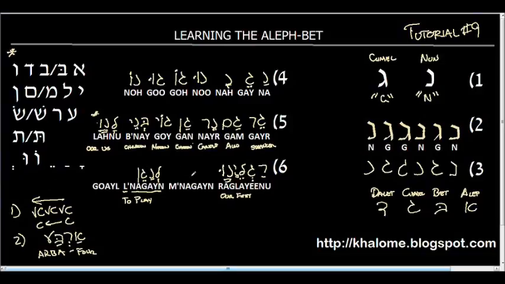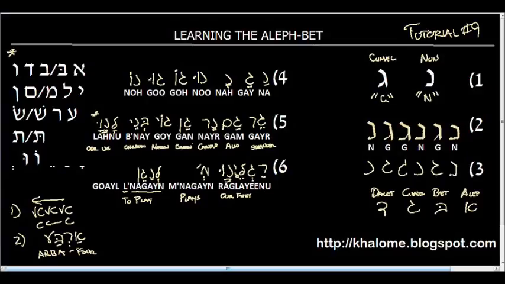Here we skip back to menagain. This is built off of that, and basically this is plays. So this would be like your present tense. In certain verb forms, not all of them, but some of them will begin with a mem in one of the conjugations. It looks very similar.